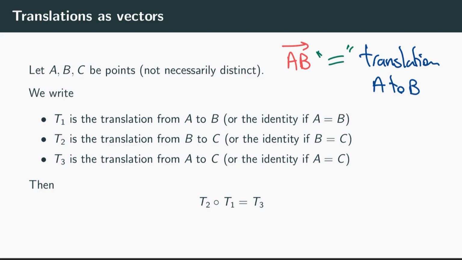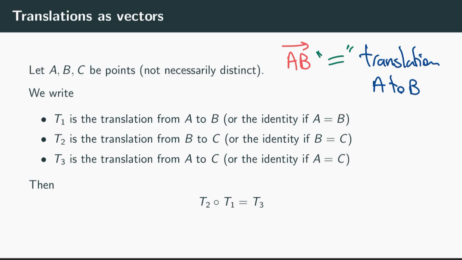For this to make sense, we need several properties that have to do with vector addition, with composition of translation. So here's the most important one. We have 3 points, A, B, and C, and I don't require them to be distinct or anything at all for the statement of this theorem. T1 is the translation from A to B, T2 is the translation from B to C, and T3 is the translation from A to C. And in any of these three cases, if the 2 points are the same point, I'm going to take my map T to be the identity map.